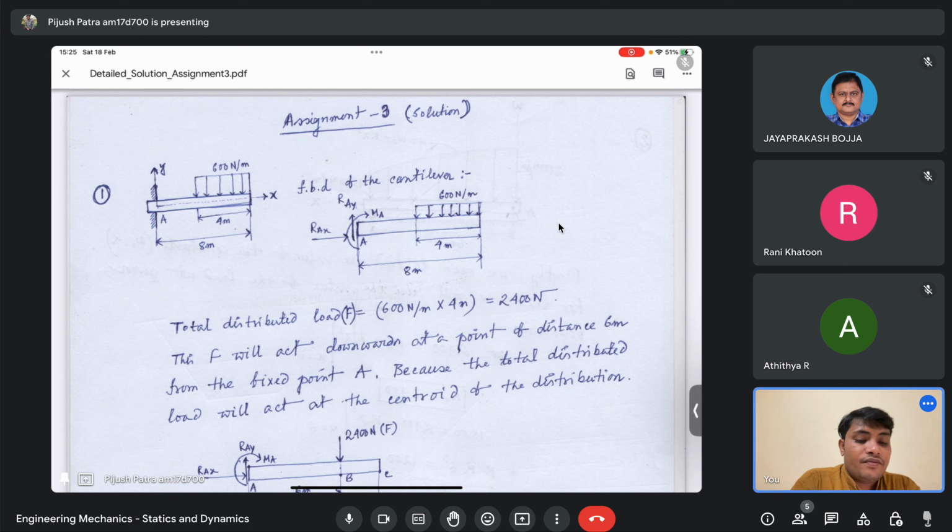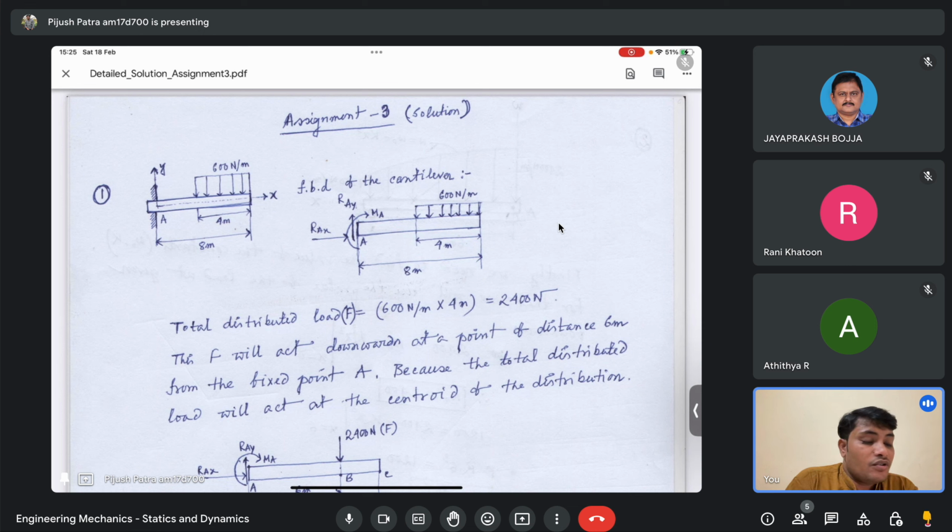But in case of built-in support, like in this case of a cantilever beam where one end is fixed, for a fixed support, there will be both the reaction force and the reaction moment, okay.